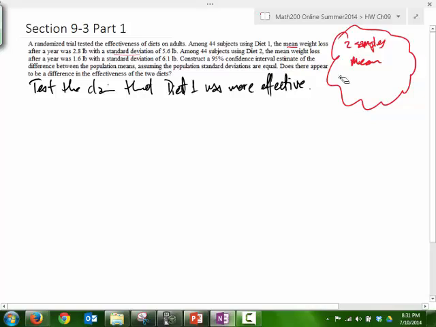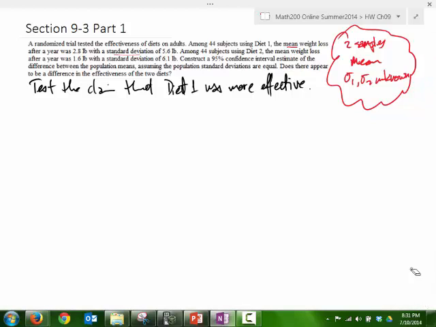So we have no information about sigma. Sigma 1, sigma 2, unknown. So these pieces of information, whether you think it or think it and write it down, should be part of your process. Should be something that you should start getting used to, I guess.